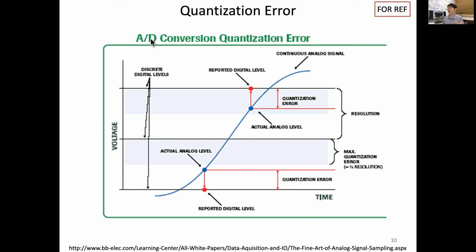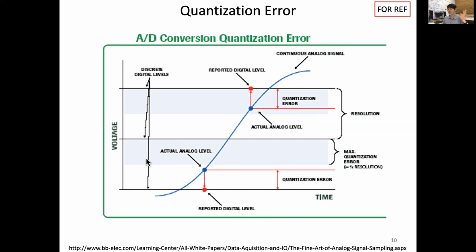So this is analog to digital conversion, quantization error. The x-axis is time. That blue curve is the actual continuous analog signal. However, let's assume that over time, we are only sampling at these discrete times, these dots and these dots. When you look at these black lines, the y-axis is the signal as a voltage.